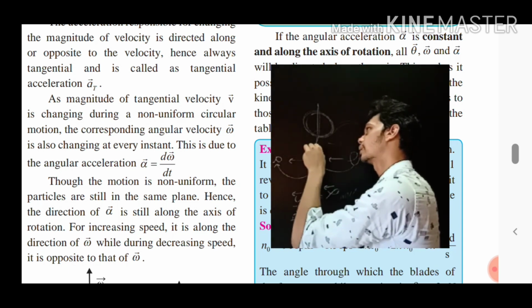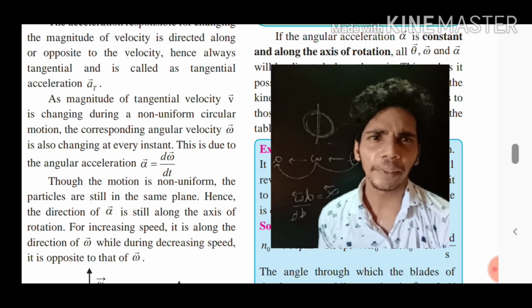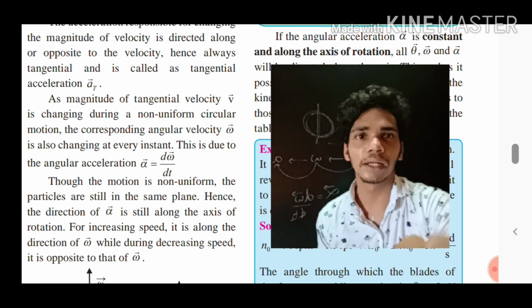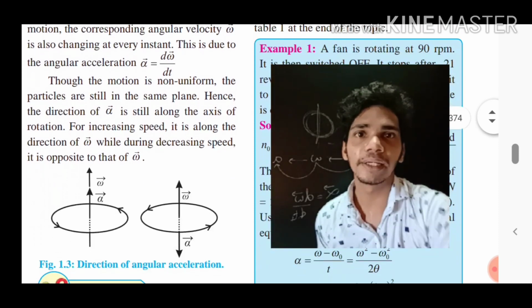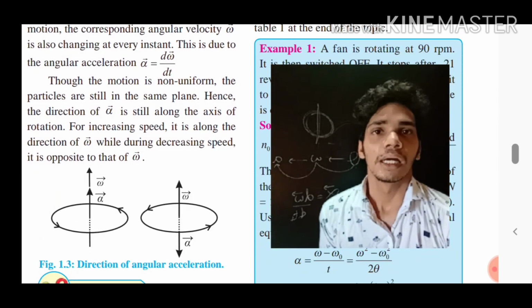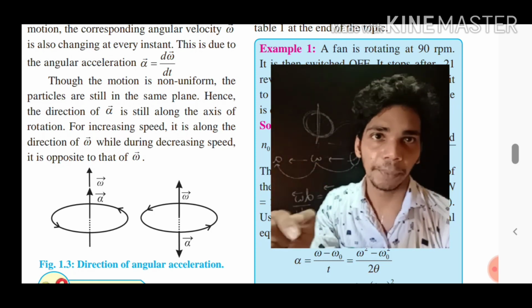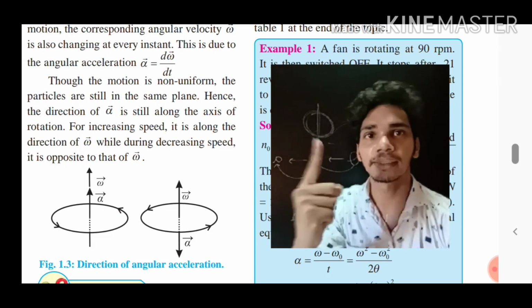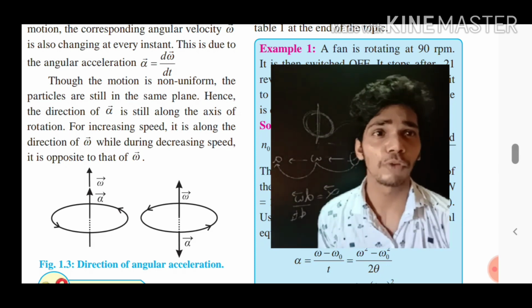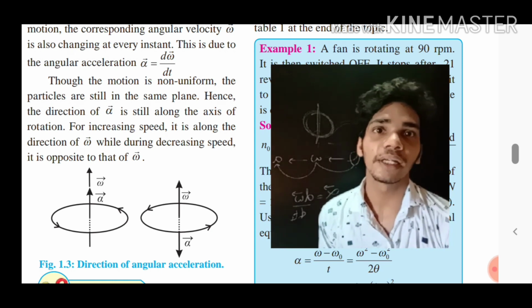For increasing speed, it is along the direction of omega, while during decreasing speed it's opposite to that of omega. So here we have to understand that when the speed is increasing, suppose the fan has just started, it's not in uniform motion, it is non-uniform motion, so it is along the direction of omega.